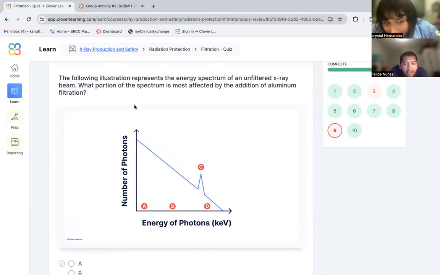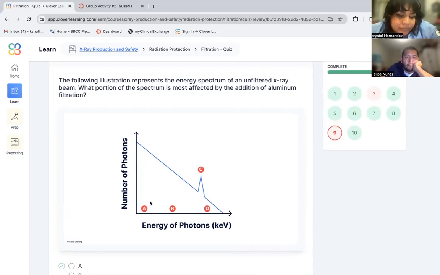Wait, so is the one at A the zero, and as you go up in the graph, the number of photons increases, and as you go right, does the energy of the photon increase? Yeah. Oh, I see. I definitely see then how you guys did that. Okay, yeah, that's confusing. I did the same thing too. I don't know what C is really. Is that the peak?